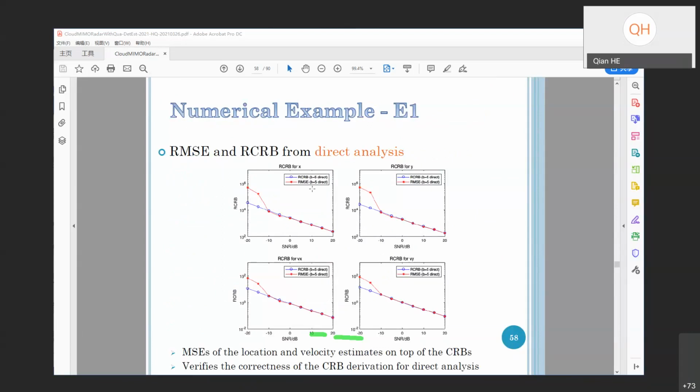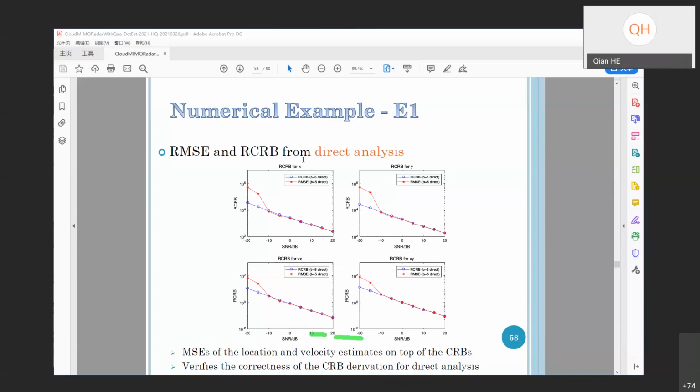We did both cases. We did the direct analysis, we computed the Cramer bound, and this is a simulation result. We computed the mean square error. It turns out to be on top of the Cramer bound for big enough SNR. It tells you our derivation is correct for the direct analysis case, because you see these blue curves are for the Cramer bound.